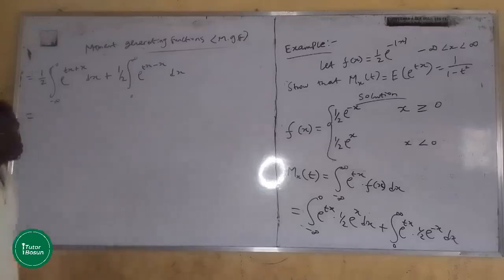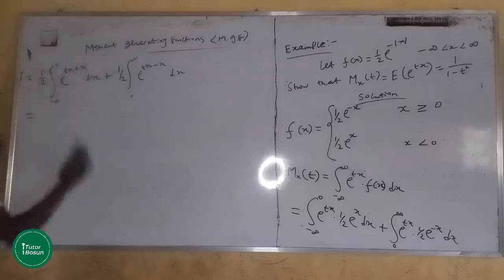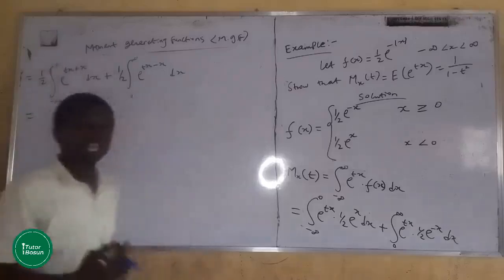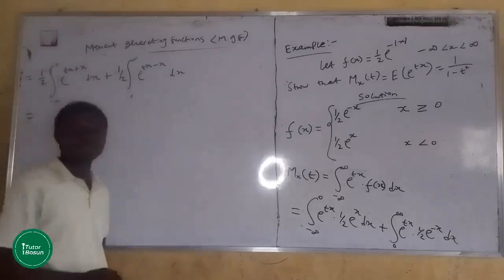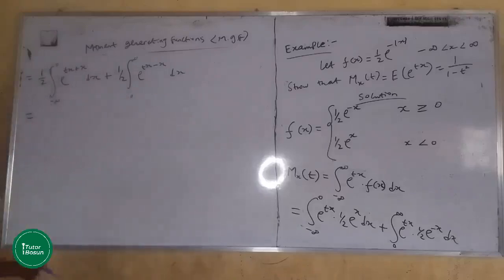And just like we have done in one of our examples, we want exponential minus infinity so that it can be solvable.